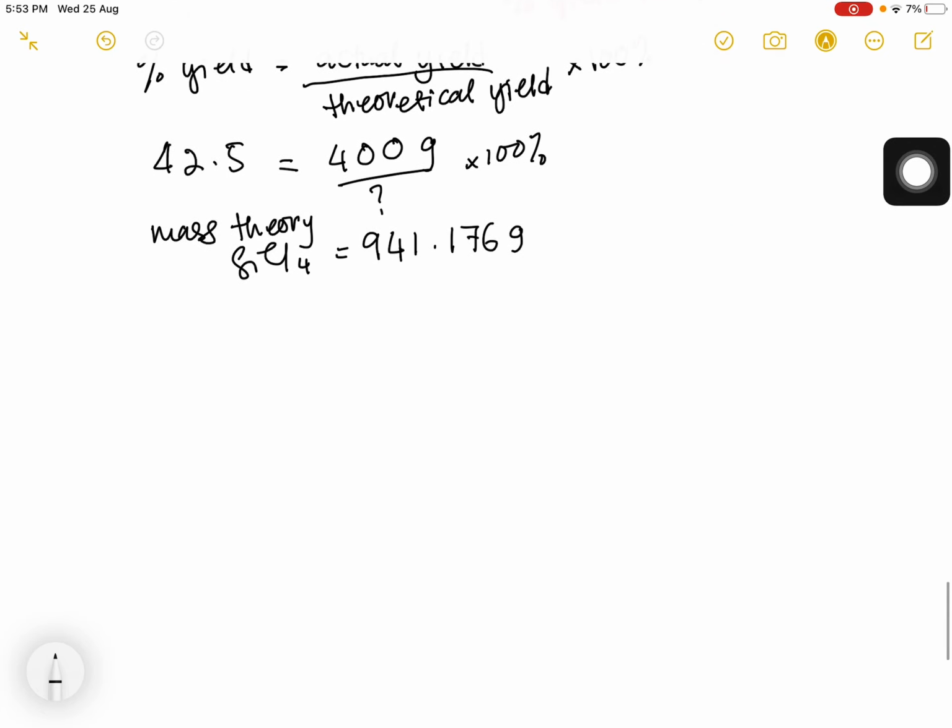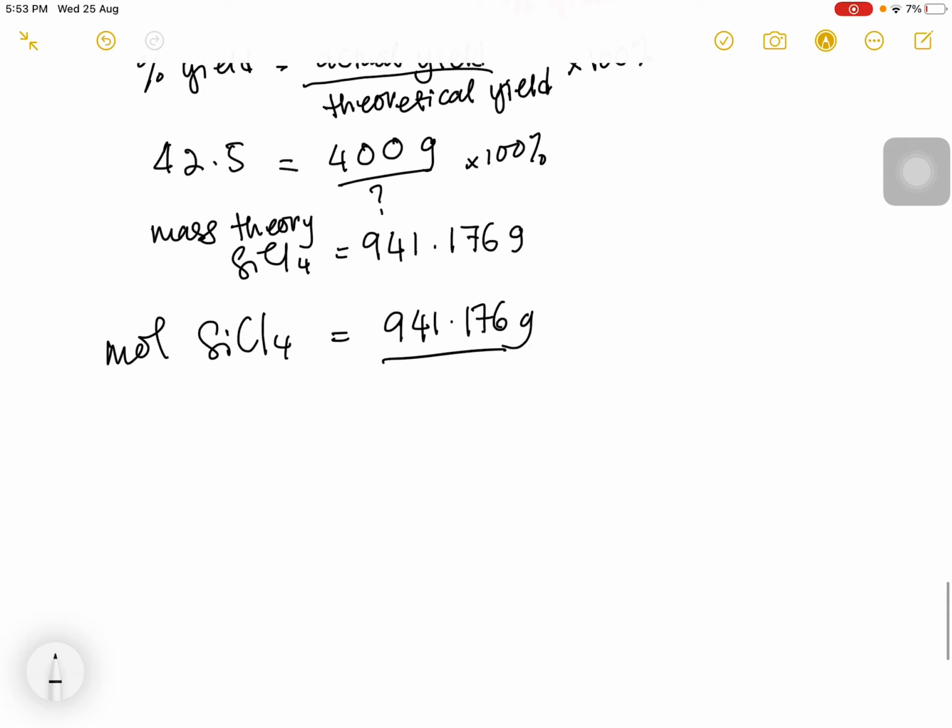Now let's find the mole of SiCl4: 941.176 gram divided by the molar mass 170.1 gram per mole. It's equal to 5.533 mole SiCl4.